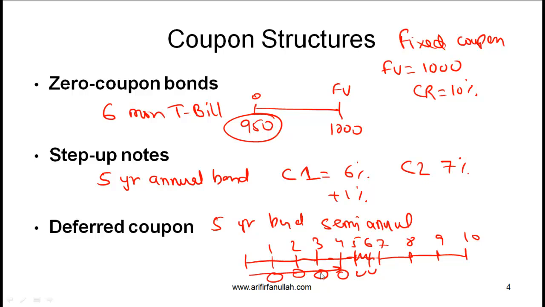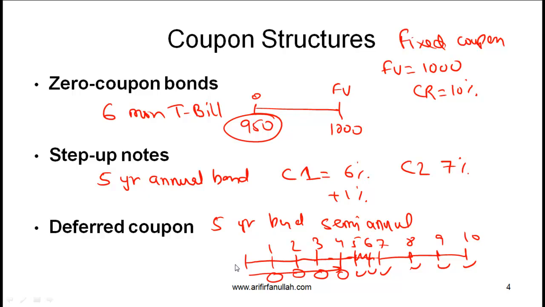So effectively, in a deferred coupon bond, no coupon payments are made for a prescribed period of time, but coupon payments are made after that prescribed period is over, and the bond obviously is priced accordingly.